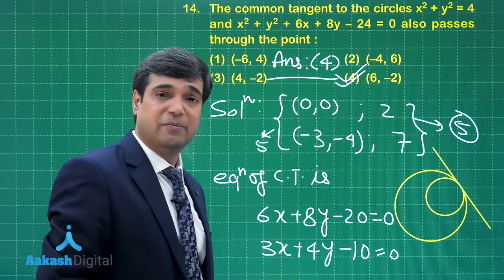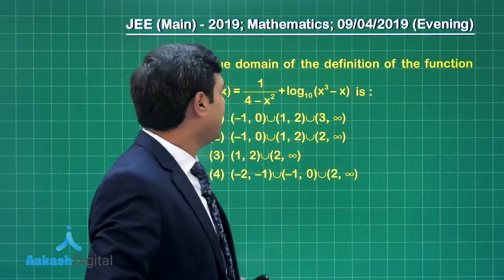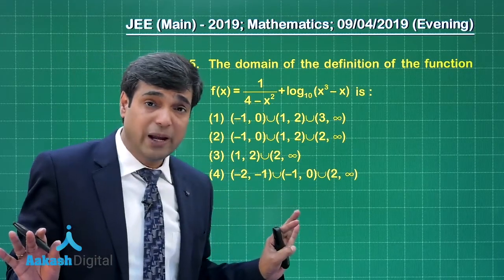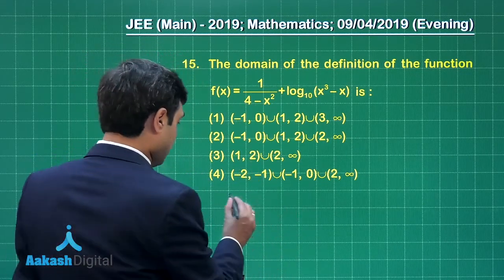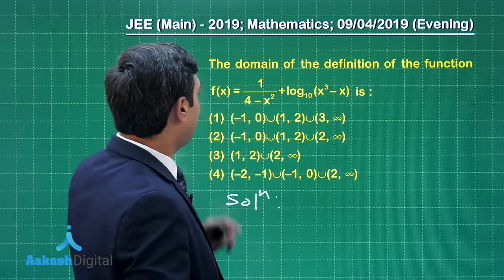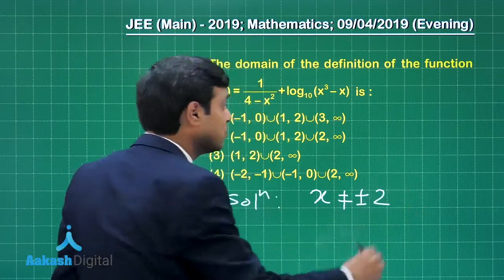Let's move on to question number 15 now. The domain of definition of the function given by this one is a simple question from domain. Let's check it. If you look at the first term, 1 upon 4 minus x square, your requirement is x should not be plus minus 2.